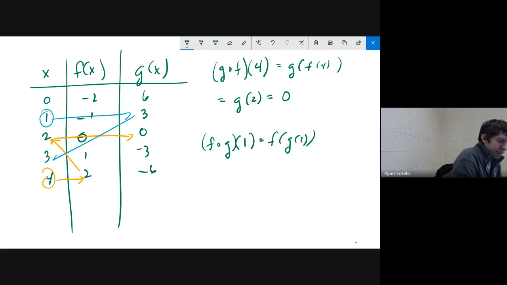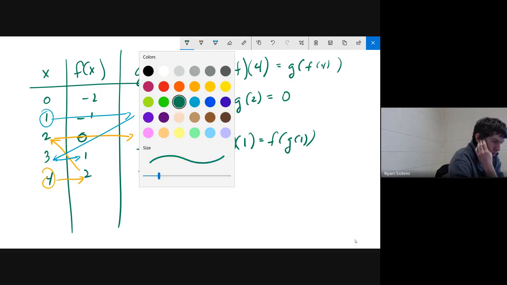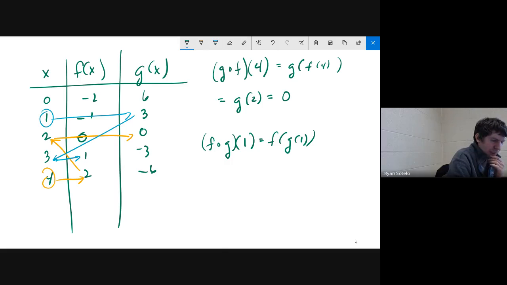And then 3 as the new input would give me, for f, 1. So g of 1 is 3, and then f of 3 is 1. So that's how compositions work. You just feed one into the other that way.